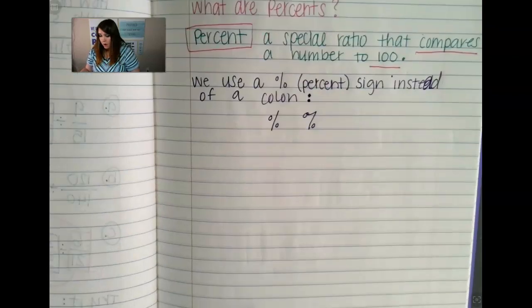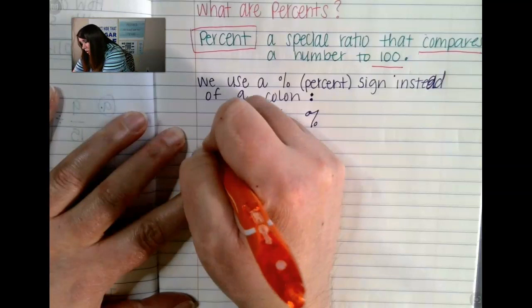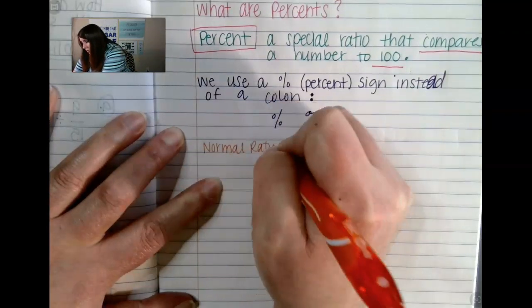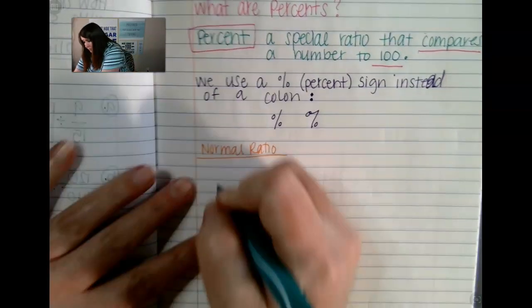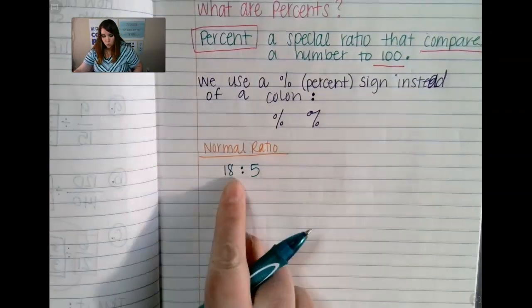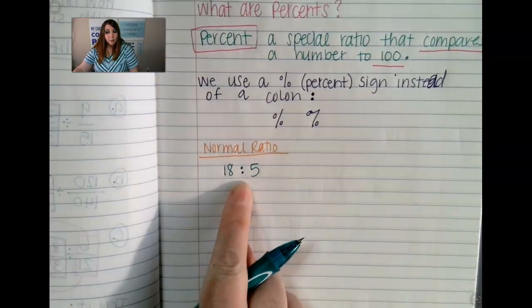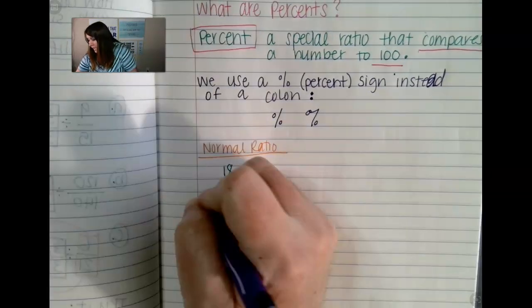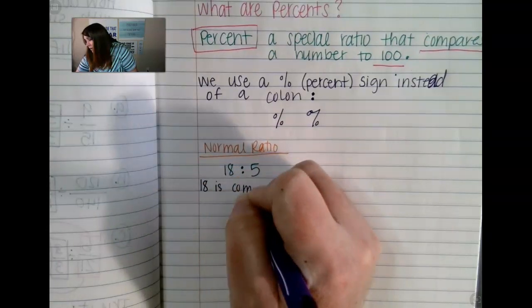Okay, let's talk about a normal ratio. So when we had normal ratios, like say 18 to 5, in this normal ratio, 18 is being compared to 5.